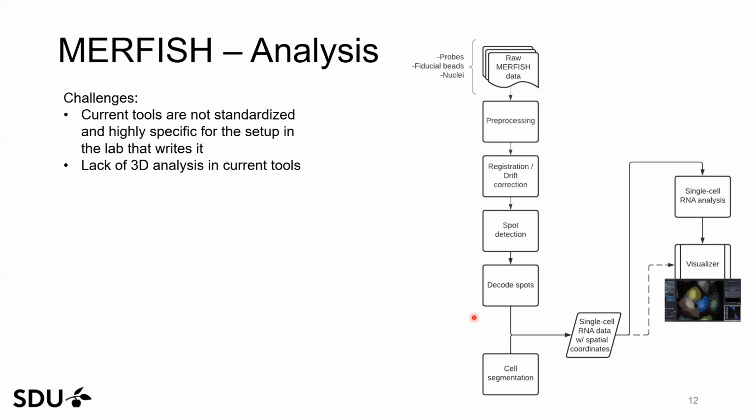Also, the documentation of these tools is not really that good, so it's incredibly hard to use these tools because of the lack of documentation. And also in our case, there's a lack of tools that can do complete 3D analysis.